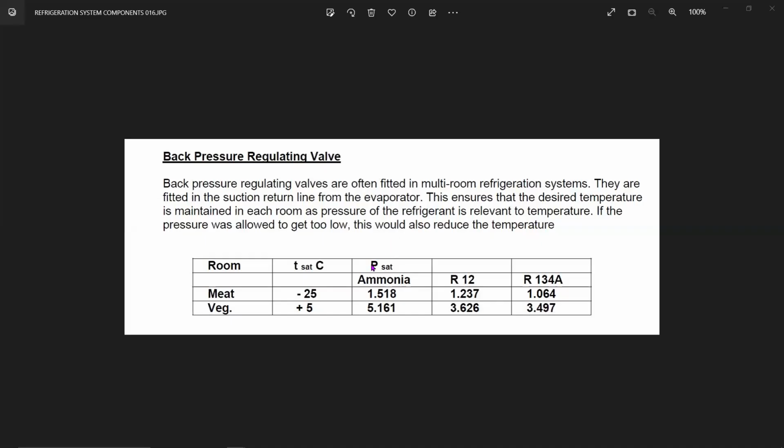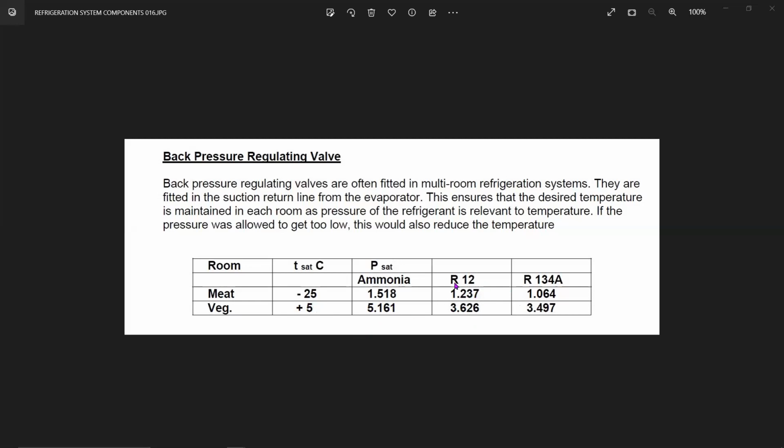Yes. तो इसको ऐसे एक्सप्लेन कर सकते हैं कि जैसे वेज रूम है, you want to maintain 5 degrees, for this example, जैसे आपने जो स्लाइड शेयर किया है, तो इसमें let's say take R12 for example. इसका जो सैचुरेशन प्रेशर है it is higher, right, 3.6 to 6, and the other will not be saturated in the other. हाँ, तो अगर आपने बैक प्रेशर वाल्व नहीं लगाया corresponding to that particular saturation pressure, तो इसके अंदर वो प्रेशर मेंटेन होगा नहीं, because the other rooms are at a lower pressure, right?